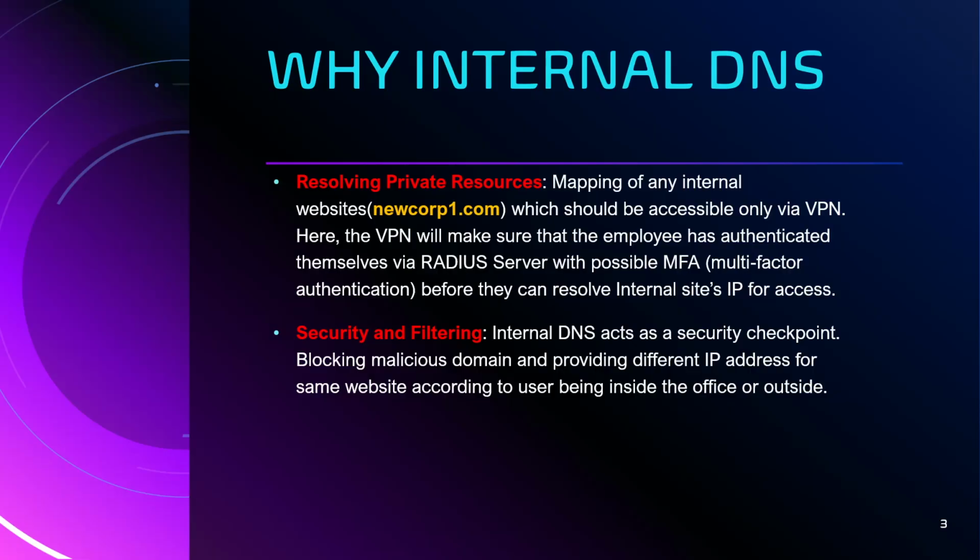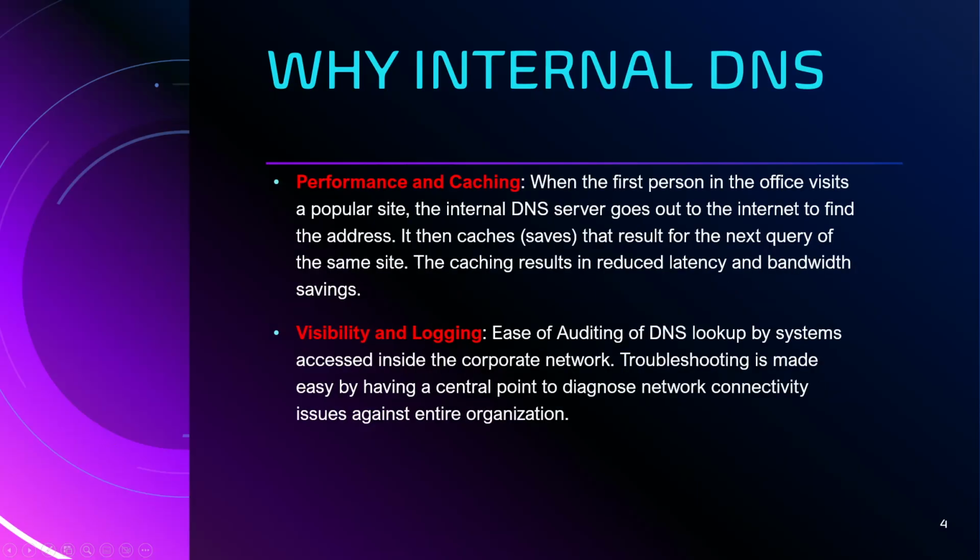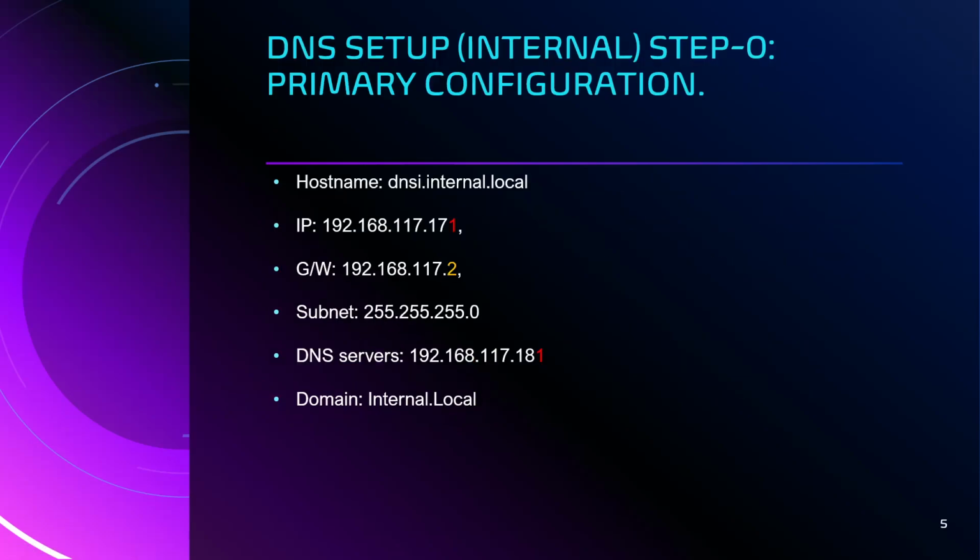But the DNS for that can be controlled with the internal DNS, and it can also act as a security checkpoint, blocking malicious domains and different IP addresses for the same websites if they are accessed inside or outside the network. And other than that, we have the advantage of performance in caching and also auditing and troubleshooting.